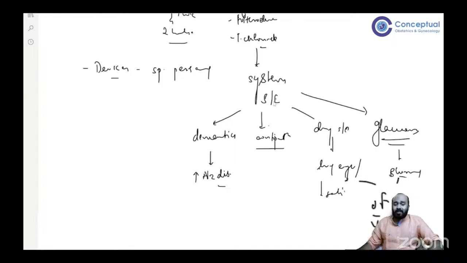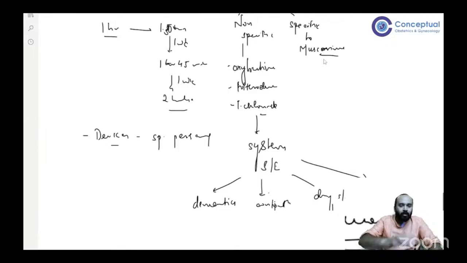So these are side effects that are absolutely unacceptable and going to spoil the patient's life completely. So we had an alternative that was not completely non-specific, the M2 receptor antagonists. The names were solifenacin and darifenacin.